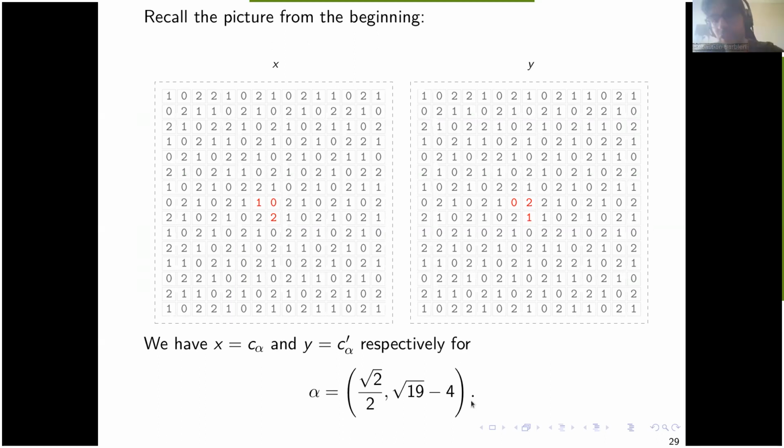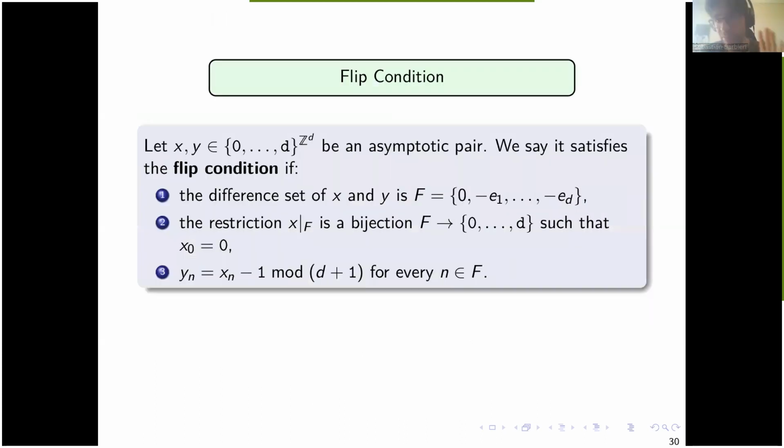These numbers we're choosing just for fun. No particular reason, just irrationals that lie in [0,1]. So, okay, for every totally irrational vector, I can construct these things. These are multidimensional Sturmian configurations. And let me tell you what this flip condition is.